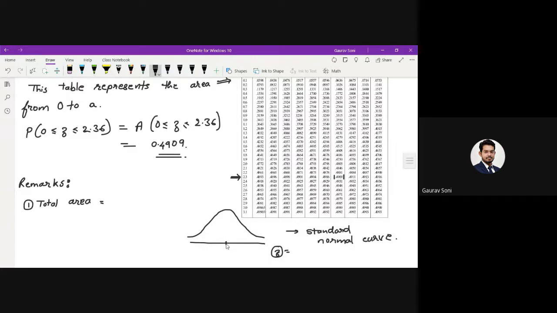The mean of this distribution is 0. What is the standard deviation for the standard normal curve? Sigma is equal to 1. Okay. So the total area under this is 1.